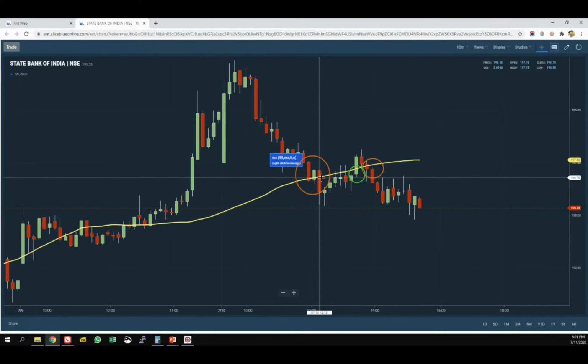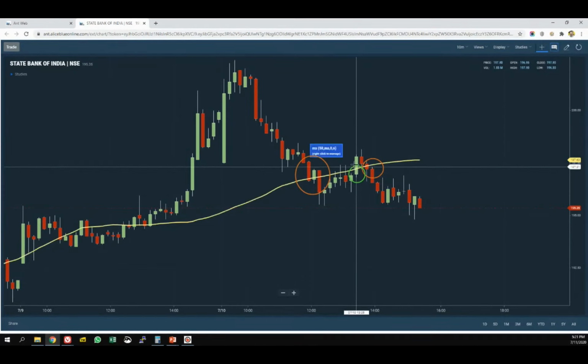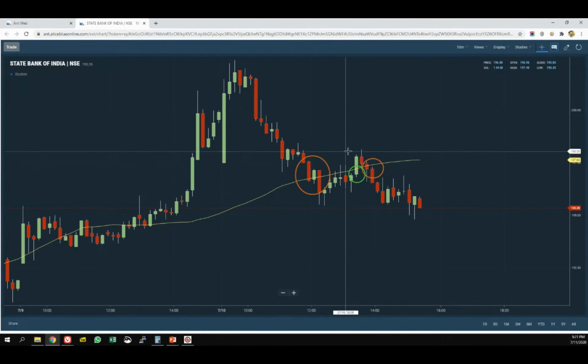For example, in this case, if you sell here, the price is somewhere around 197, and it goes down to 195.45. This is a 10 minutes candle, and you get almost 1.5 rupees. And here, if you enter at this range, the price is 197.4, and it goes up to 198.15.